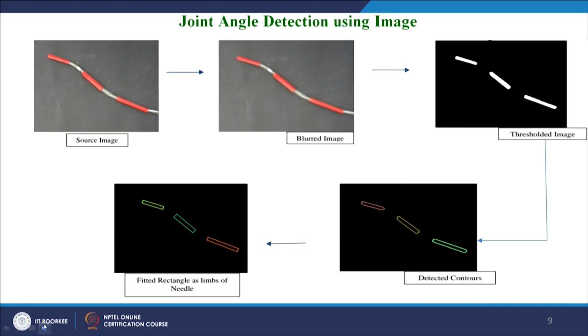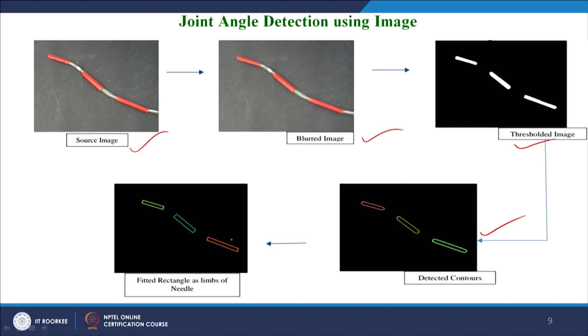Precisely this is what is happening. First the source image, which is the RGB, then we blurred it, then we get the threshold image, which is basically a binary image, then we detected the contours, which are not exactly rectangular in shape. So, we made them rectangles by fitting a rectangular shape on the successive contours.